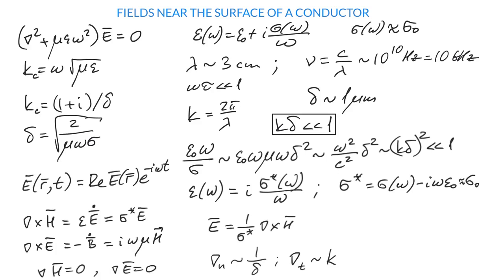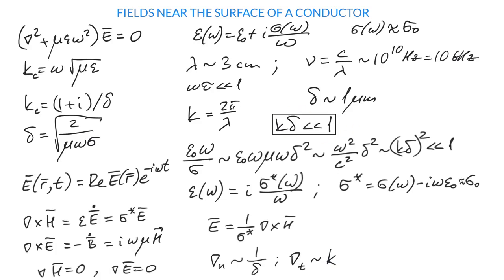Right? The variation of the fields parallel to the surface happens on the length scale of the wavelength. So you'll have 1 over lambda or k in the numerator. So it's clear that the largest terms from taking derivatives will come from the normal derivatives. 1 over delta is large compared to k because k delta is a small parameter.